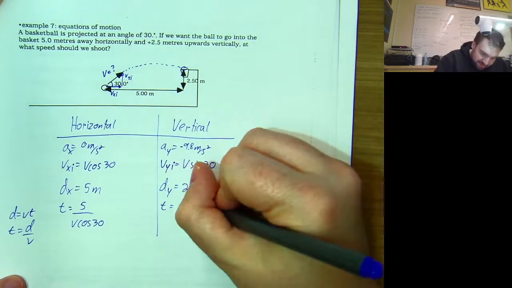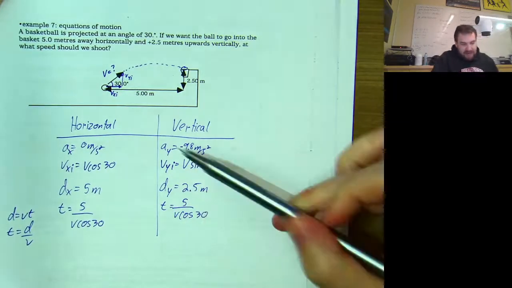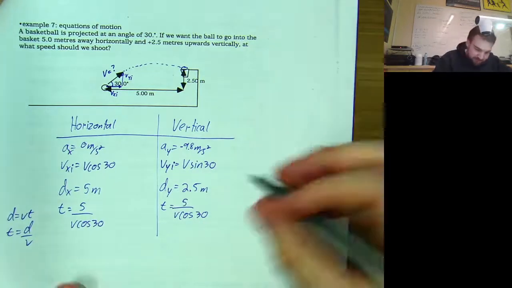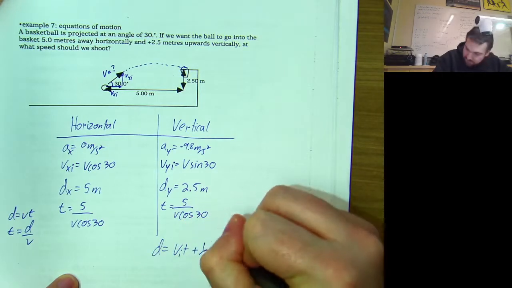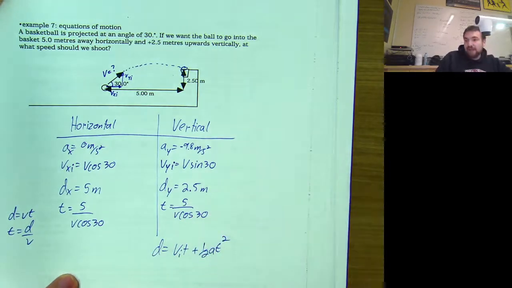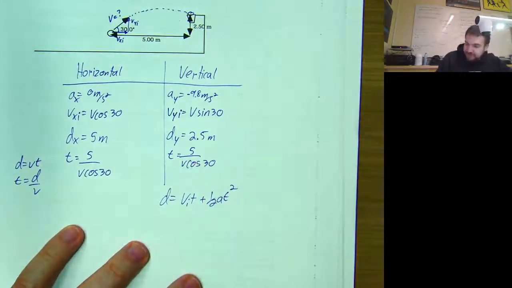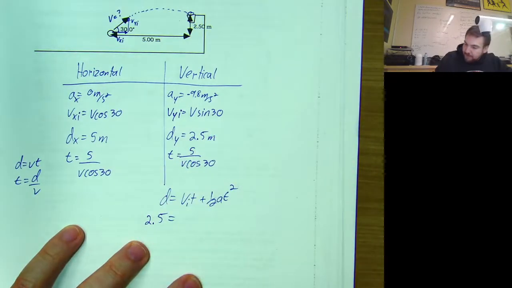So if time is 5 over V cos 30, I've got A, Vy initial, Dy, and T. So we're actually going to use this formula here: D equals Vit plus 1/2 At squared. And we're going to come up with some cool results. So now the vertical distance is 2.5 meters.